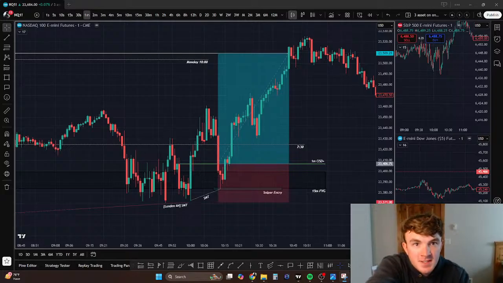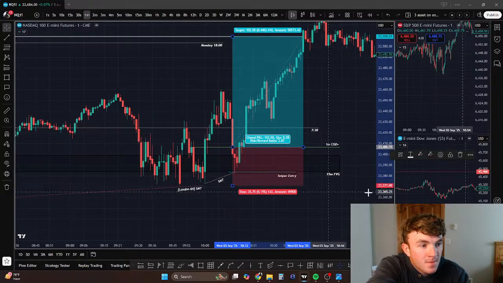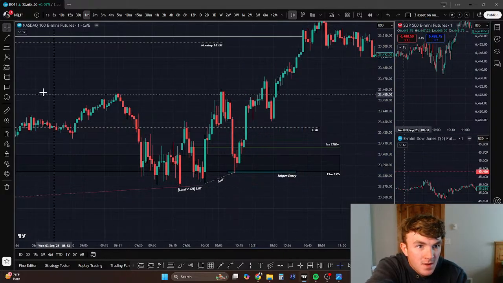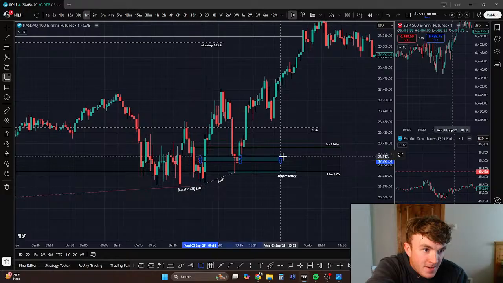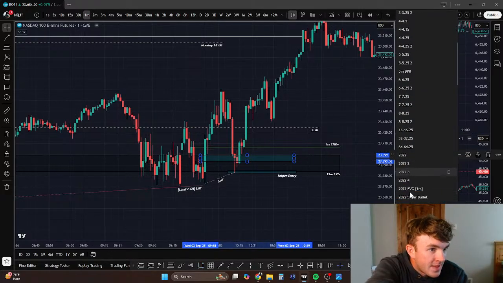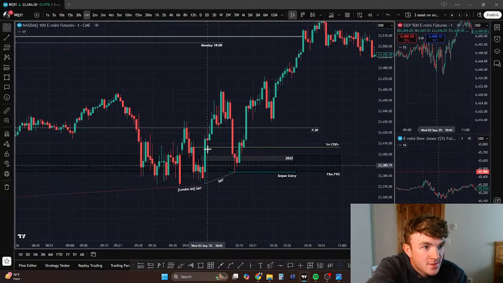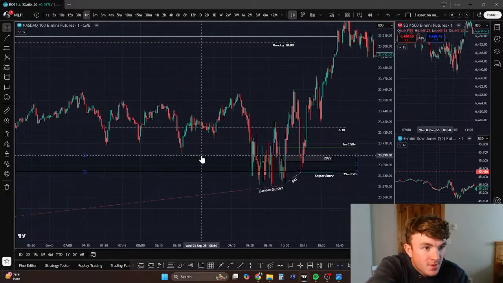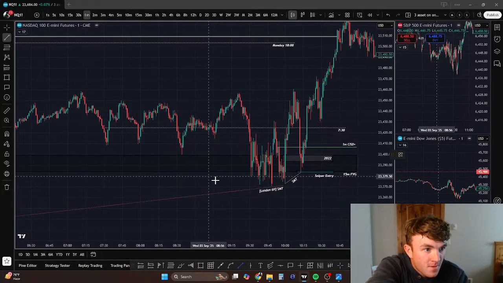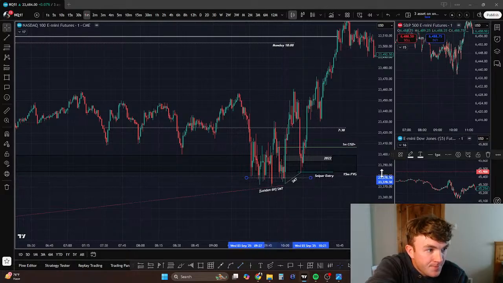But the other thing I was going to say is notice how this is a 2022 model as well, because it's a 2022 gap right here. Wow, that's so perfect. And why is this a 2022 gap? Because look, we sweep these lows. I guess you can mark this out as a sweep. So sweep.